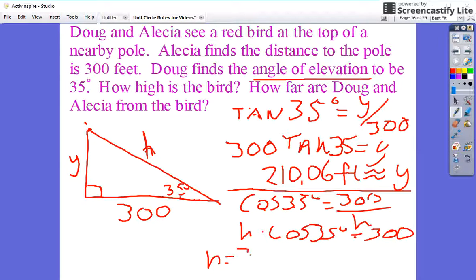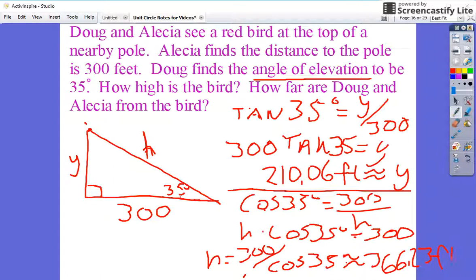So h is equal to 300 over cosine of 35 degrees. And you get out your calculator and you figure out this is approximately 366.23 feet. All right, so there you go.